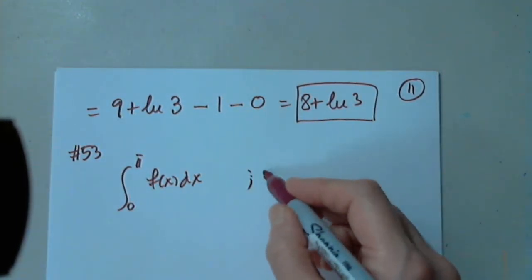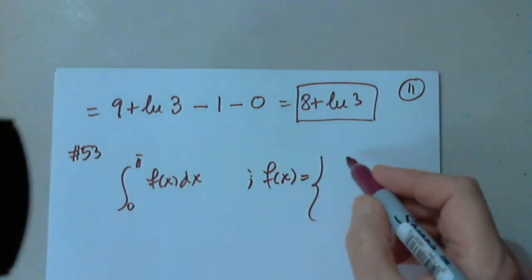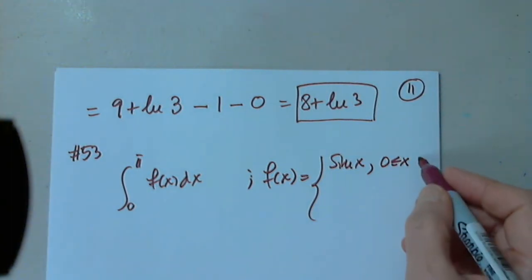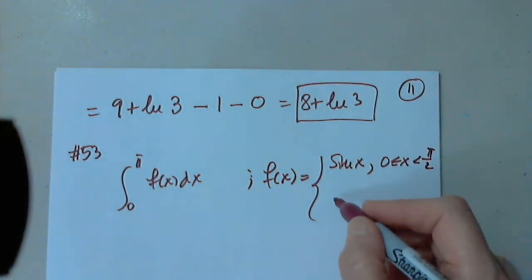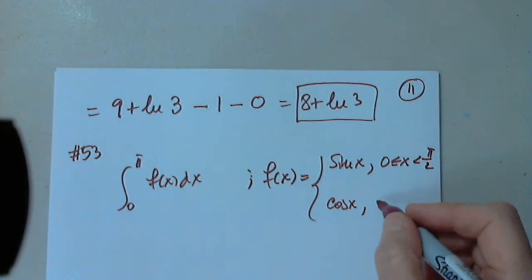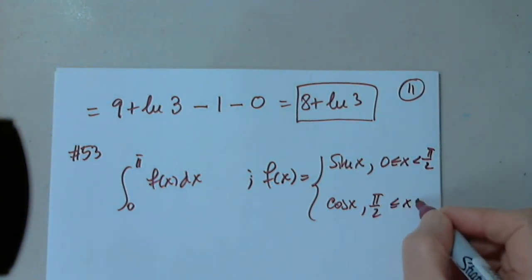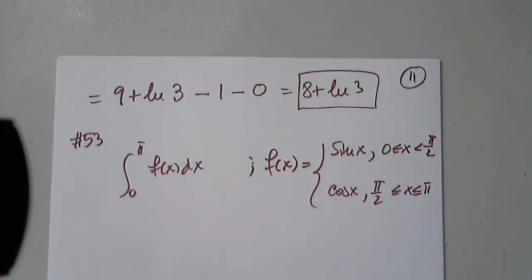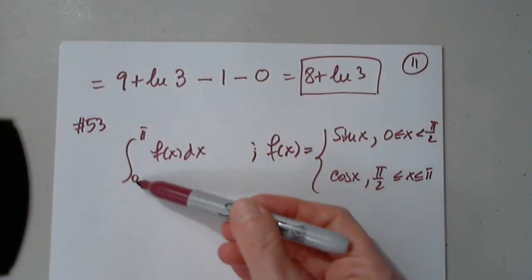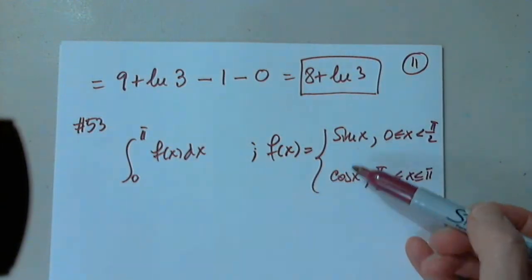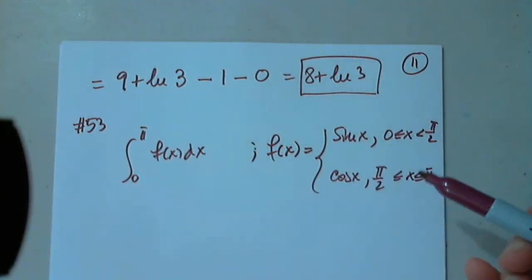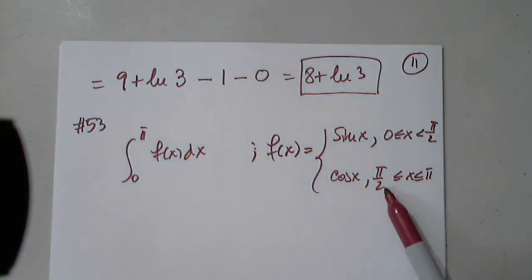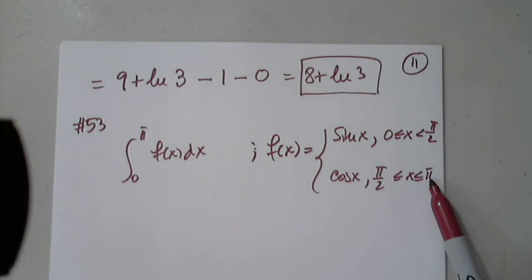And we are given f of x as a piecewise defined function: sine x between 0 and pi over 2, and cosine x between pi over 2 and pi. Okay, fine. So the integral of f of x dx, which is a piecewise defined function, is between 0 and pi. 0 to pi over 2, and pi over 2 to pi, and pi over 2 is between 0 and pi.